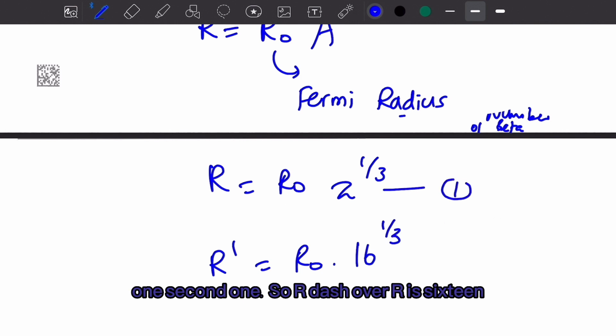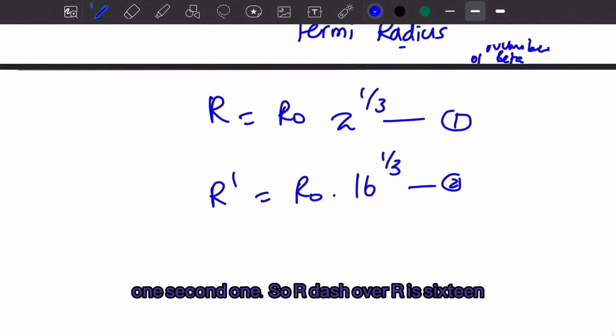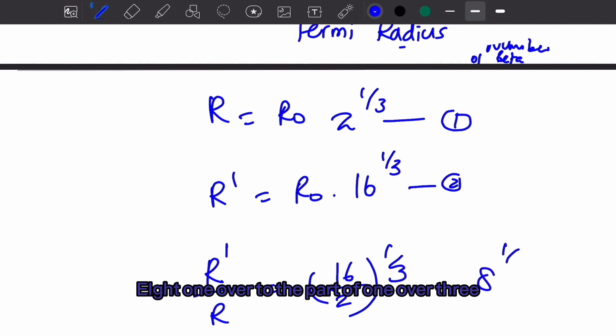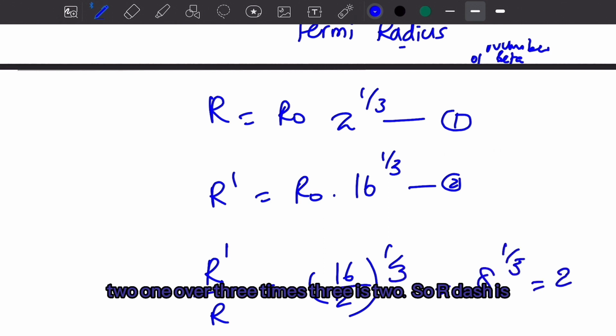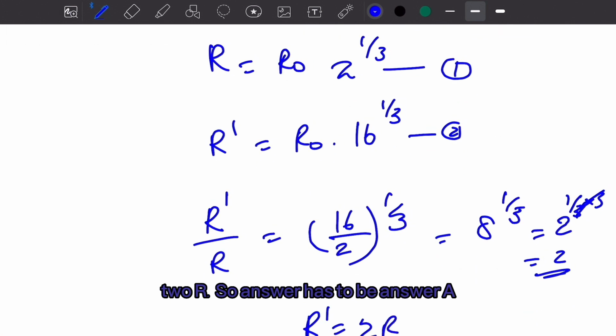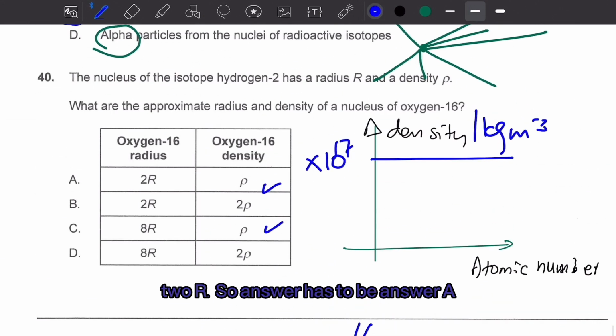So R dash over R is 16 over 2, to the 1 over 3, that's 8 to the 1 over 3, which is 2. So R dash is 2R. So answer has to be A.